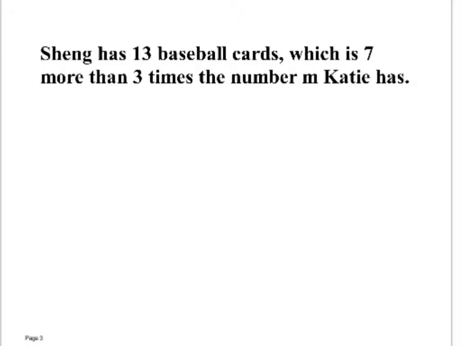Write this down. It says Shane has 13 baseball cards. So I'm going to write my 13. It says "which is," so that's going to be my equal sign. 7 more than, so I go 7 plus. I could go plus 7, doesn't matter. 3 times the number m Katie has. The number Katie has is m. We times it by 3 and add 7. That gives us 13.